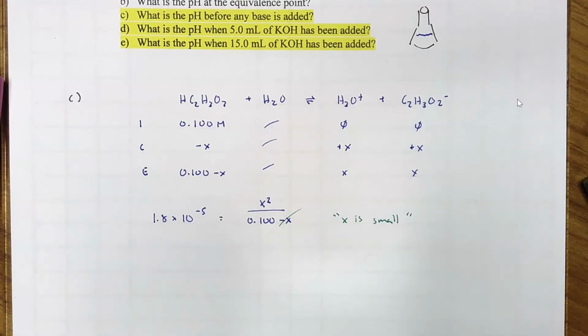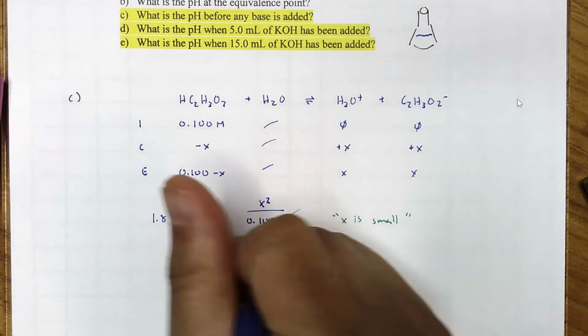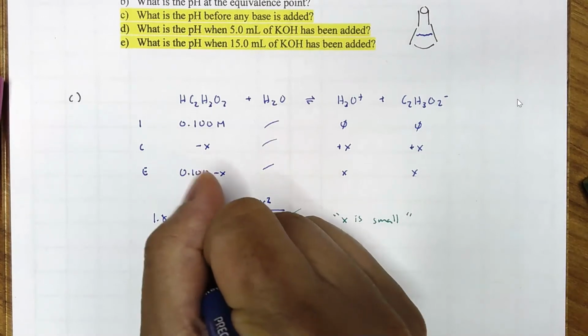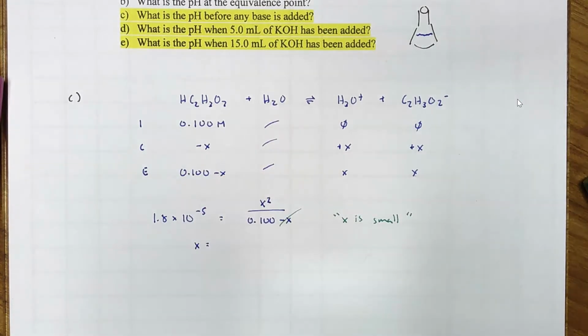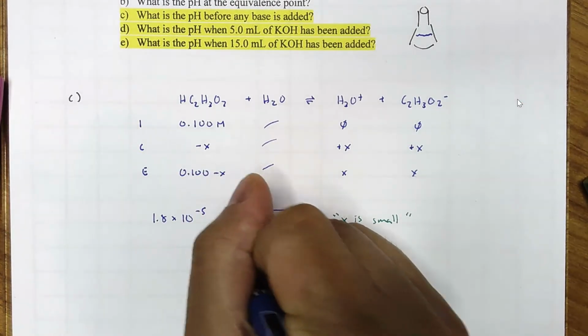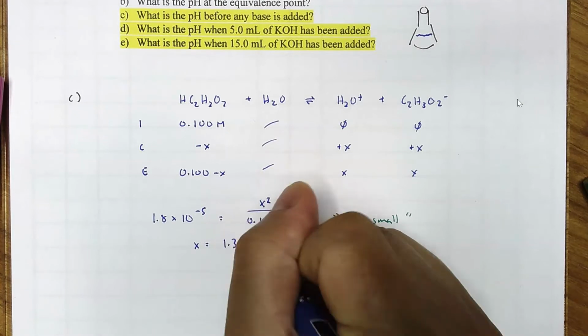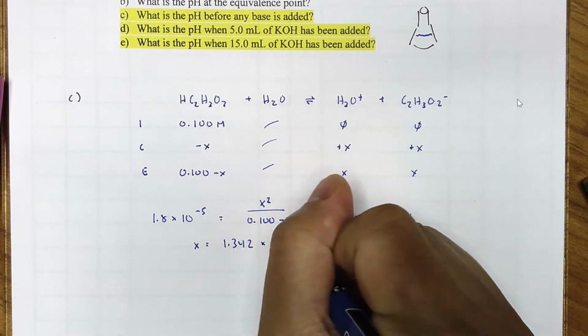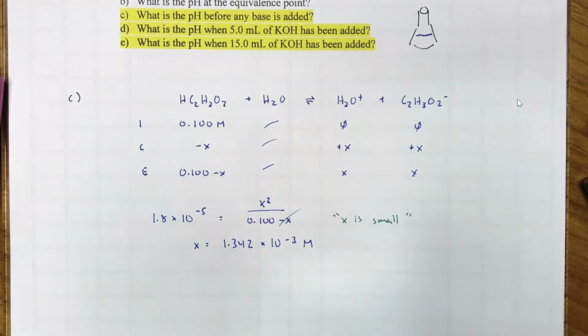X looks a little bit bigger than I thought it would be. Let me do the calculation one more time. Nope, that was it. x equals 1.342 times 10 to the minus 3 molarity.